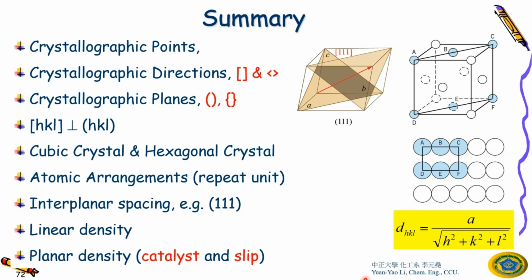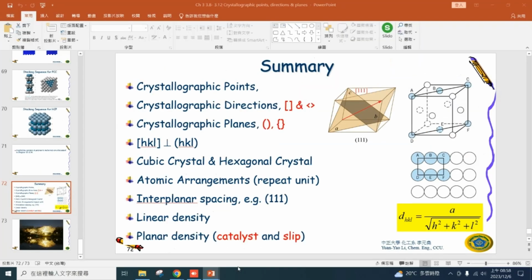So we use catalysts to help you understand planar density, and this is in terms of chemical properties. In terms of mechanical properties, for slip, if you have a higher planar density between the planes, then this is the plane which is easy to slip, right? So please remember all this information, digest it, and it's also important for your final exam.